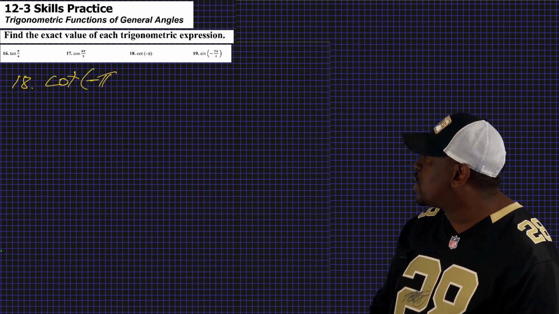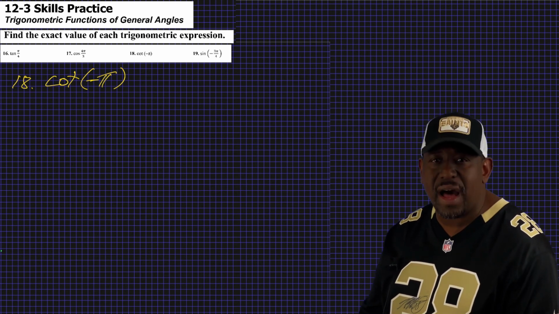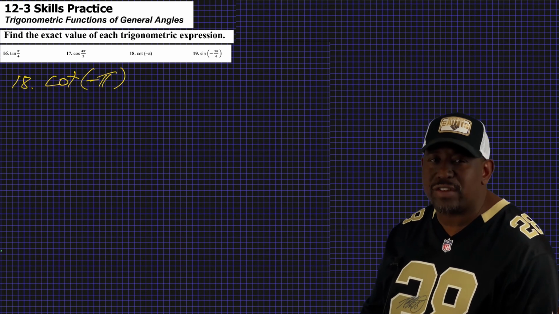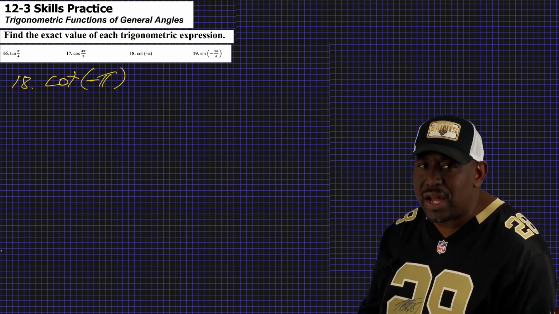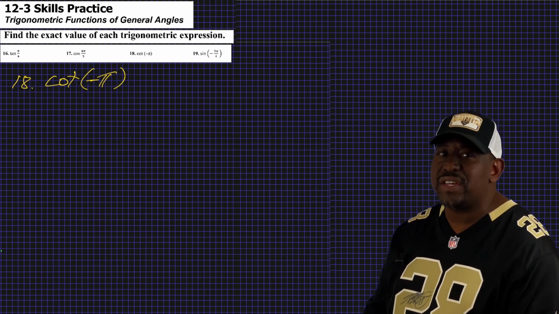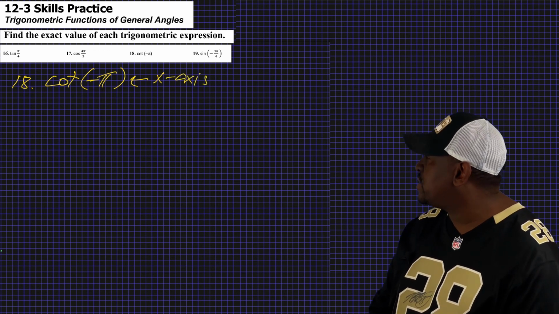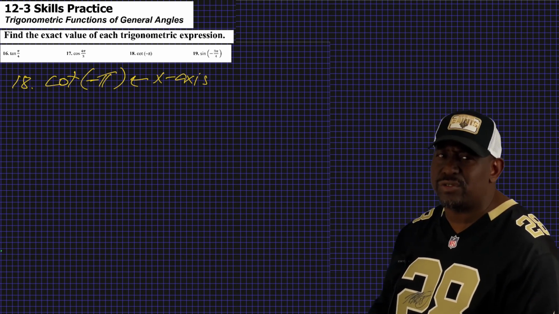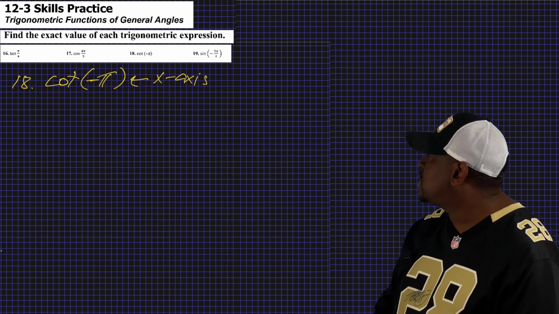So now we're going to do the cotangent of negative pi. Again, you first want to see what quadrant. Now this is not in a quadrant. This is actually on the axis. This is the negative x-axis. That's where negative pi is located, which I will write there. It's on the x-axis. Now, how does that change the value? Well, we're about to find out.